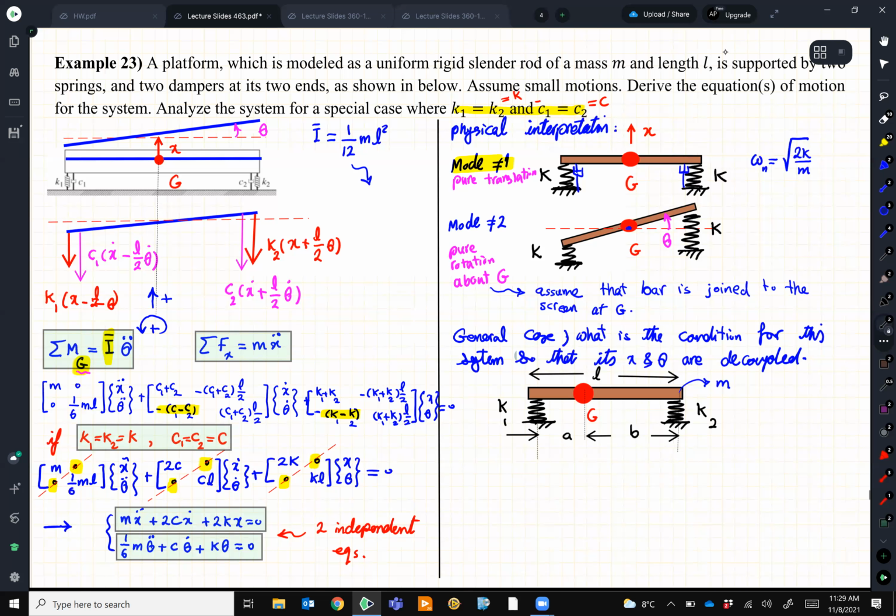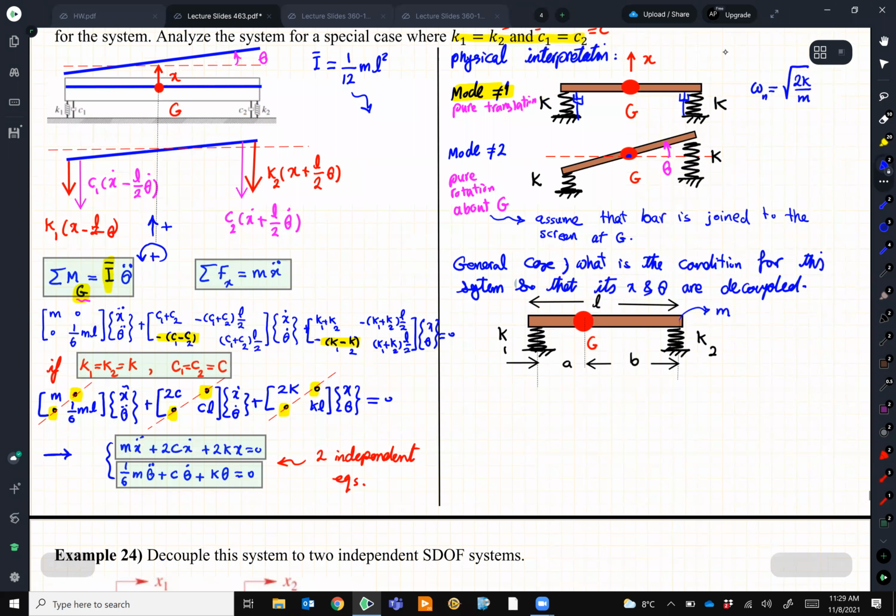Like always, we start with free body diagrams, right? I know my variables, similar to the previous one, are x and theta. So I'll choose my x and theta, and I try to draw the free body diagram for this one. My forces will be for this spring and that spring.